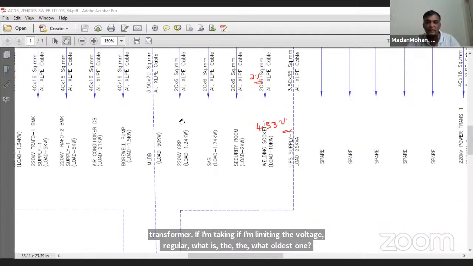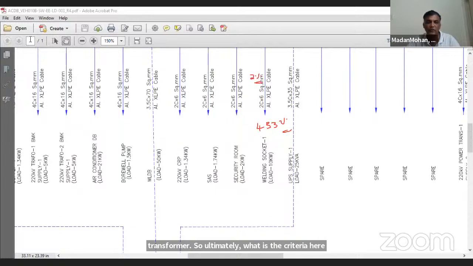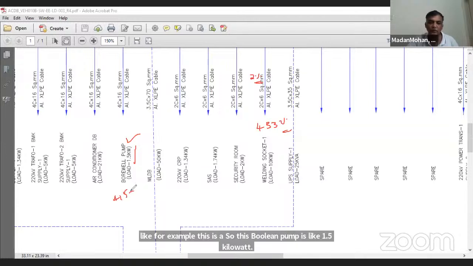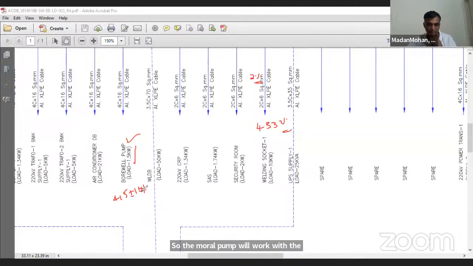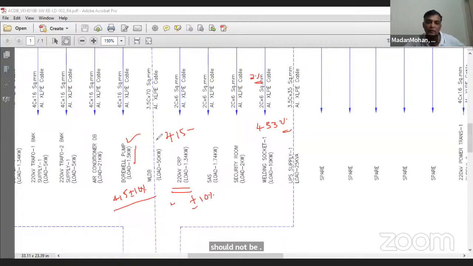So ultimately, what is the criteria here? Because we are going to give input to various loads, for example, this borewell pump. This borewell pump is 1.5 kilowatt. The borewell pump will work with 415 volts plus or minus 10%. So your motor operating voltage, the allowable voltage, will be plus or minus 10%. When it comes to the load point, your voltage should not go below 415 volts minus 10%.